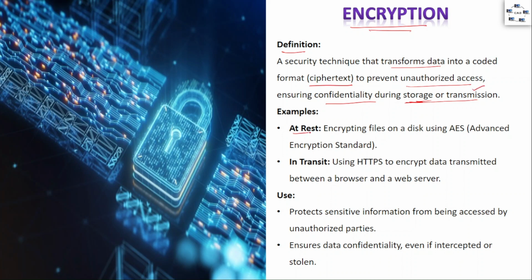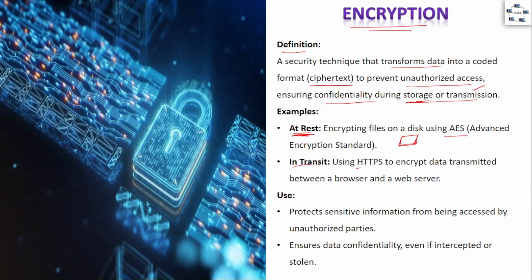Examples include, at rest, encrypting files on a disk using AES, that is Advanced Encryption Standard. For example, you can encrypt your hard drive using Microsoft BitLocker on your Windows. So this is encryption of data at rest.